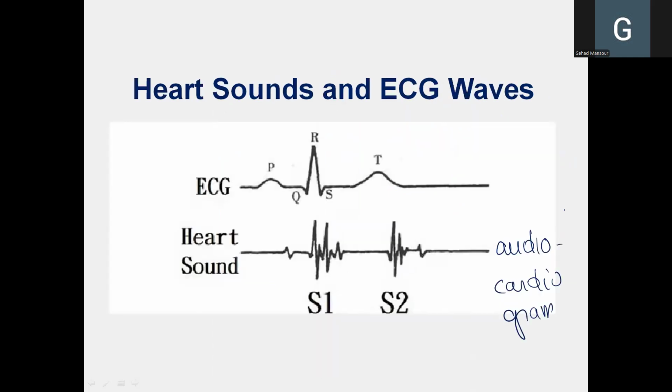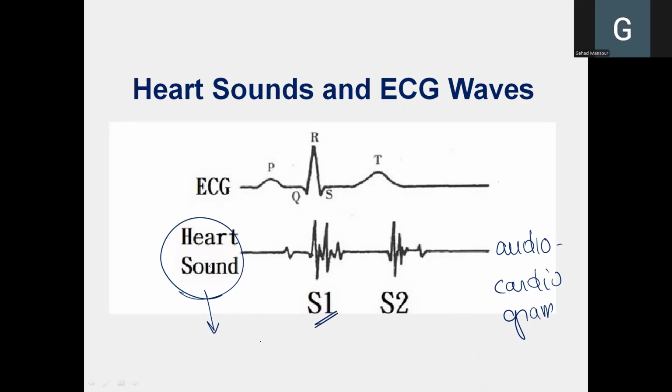So how can we analyze the time relationship between the electrocardiogram, which is a recording of the electrical activity of the heart as a whole, and the heart sounds, which are a recording of the activity of the valves?